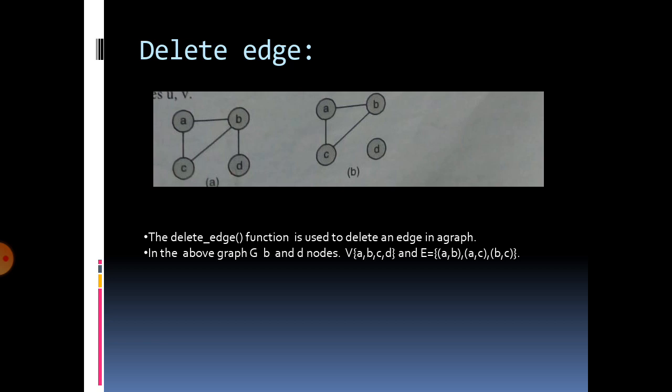So D has no communication with A and C, no edge to A or C. So D is isolated. The vertices after deleting the edge are A, B, C, and the edges are AB, BC and CB. The connection between B and D is removed, and there is no edge between C and D either. So D is an isolated vertex.